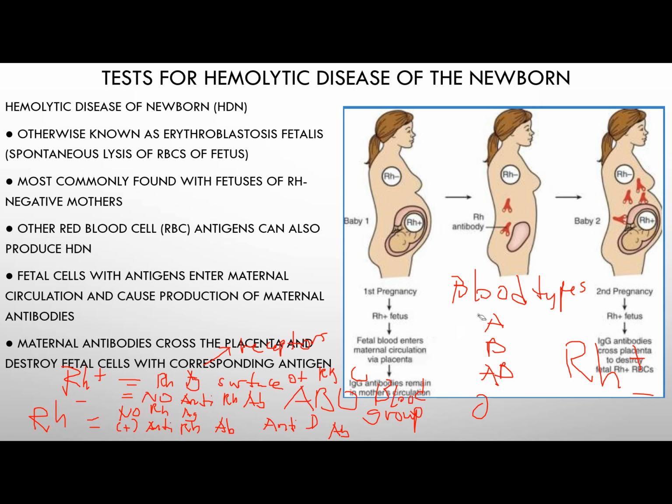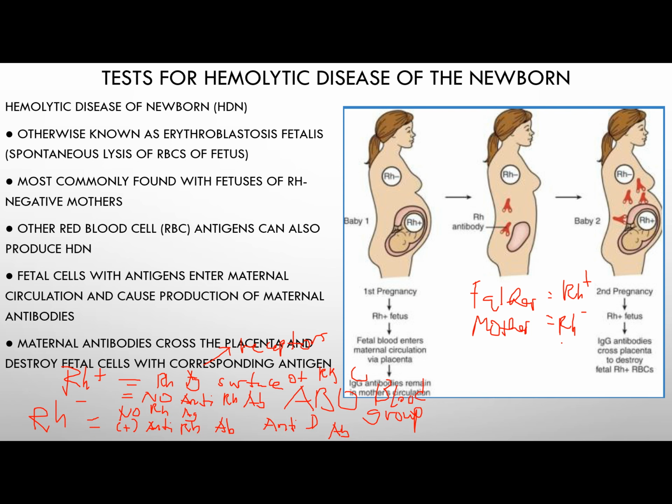Now, what happens here, class, is that during the first pregnancy, halimbawa, a couple got married and they got pregnant. Now, the father is Rh positive. The mother is Rh negative. So again, kapag Rh positive ka, you have the Rh antigen, no Rh antibody. Kapag mother ka Rh negative, you would have no Rh antigen but you have an antibody. Now what happens in this scenario, class, is yung baby, yung first child.